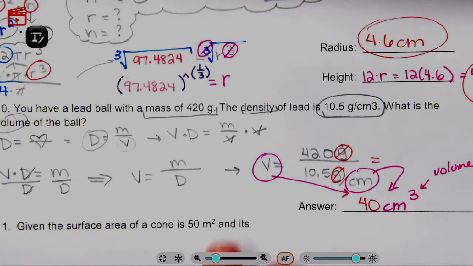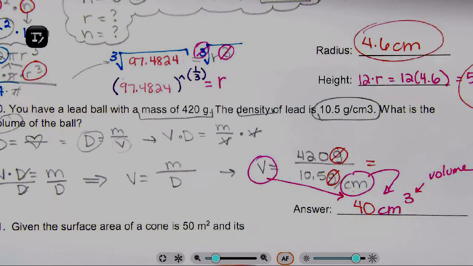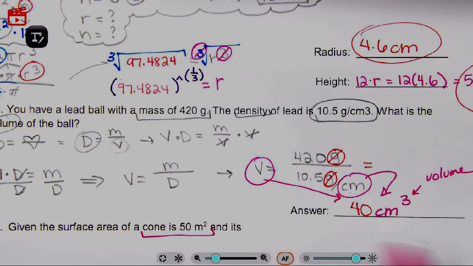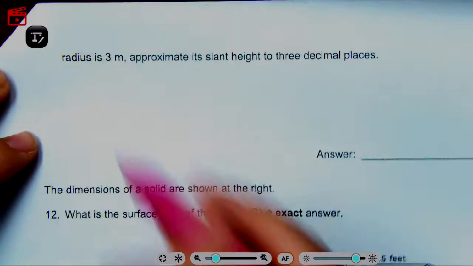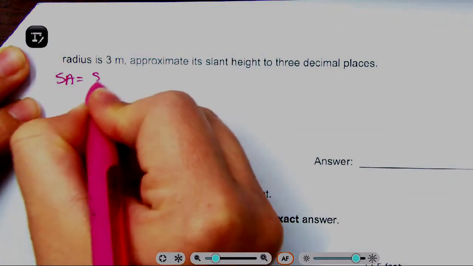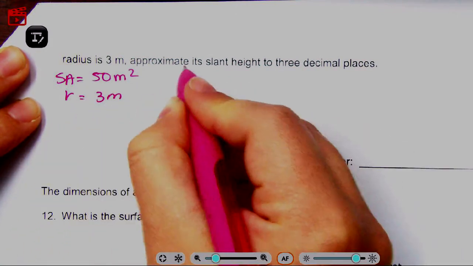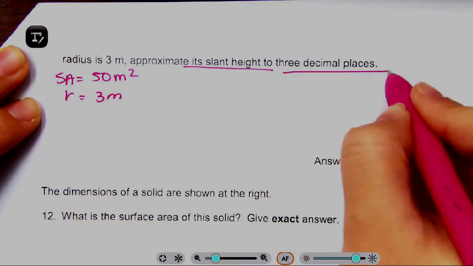There you go. This one kind of cut off when I printed it. So given the surface area of a cone is 50 meters squared. Now I have to turn the page. Surface area is 50 meters squared. Radius is 3 meters. Approximate the slant height to 3 decimal places.